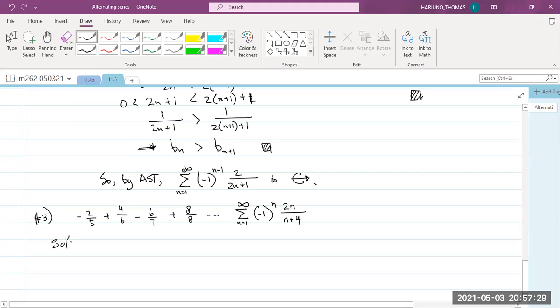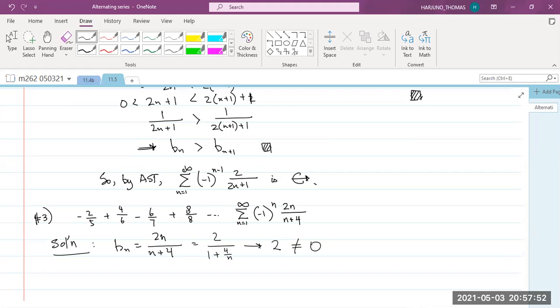Now, how do we show this is convergent or divergent? Take a look at the limit. B sub n is 2n over n plus 4, which is 2 over 1 plus 4 over n, which converges to 2. And that's not 0. Now that implies a sub n, which is negative 1 to the n times B sub n, does not converge to 0.